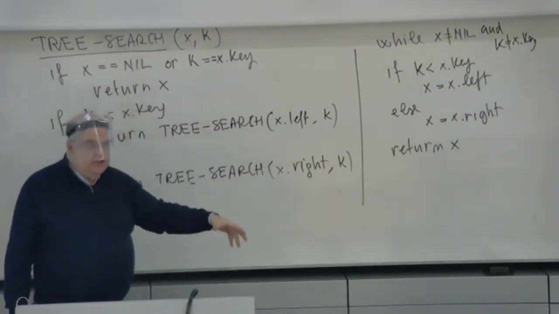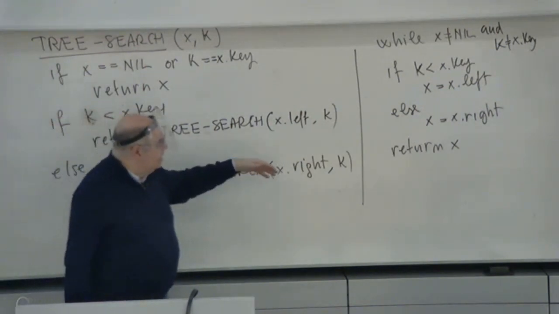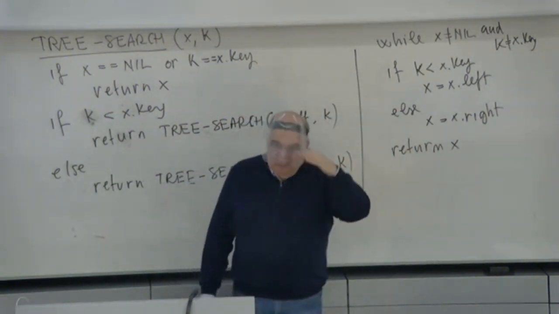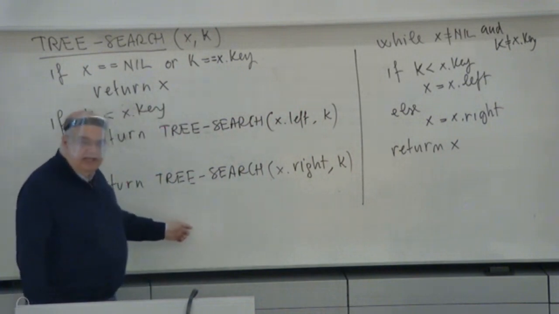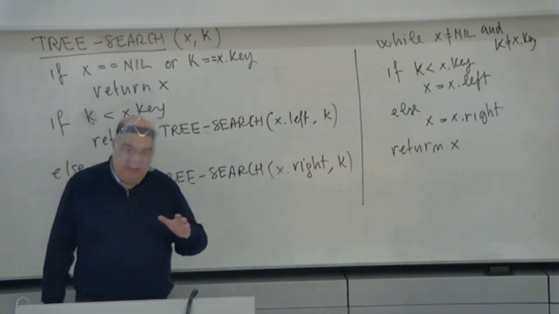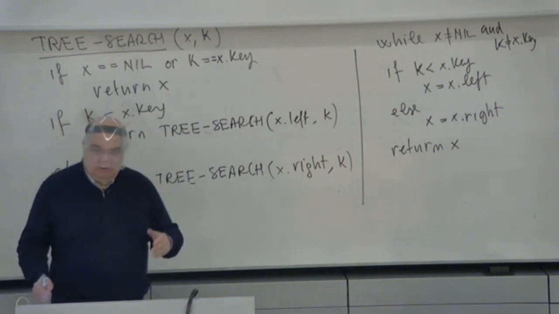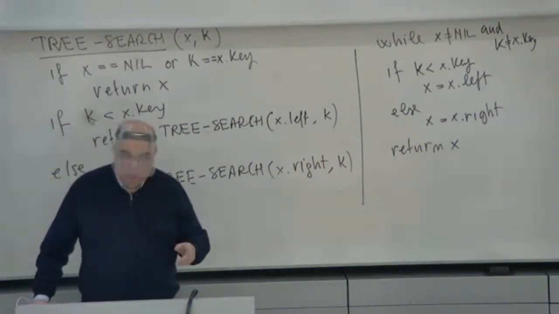So every step of the recursion, or every step in the while loop here, is a move down in the height of the tree. That is the reason why the complexity of these operations is big O of h, where h is the height. Essentially, the required time is log n, in terms of the number of nodes.